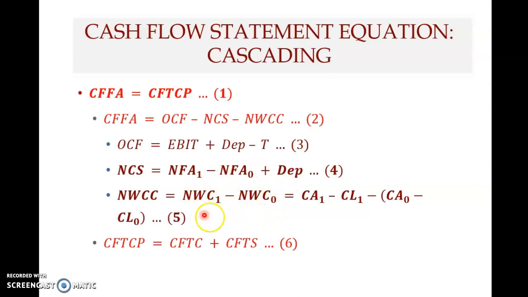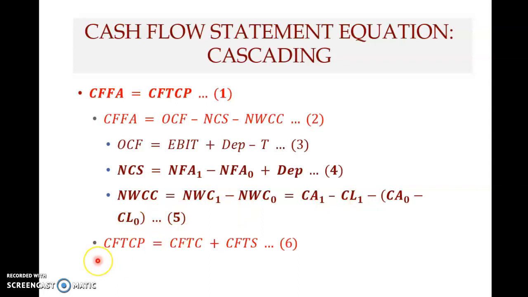So this is change in net working capital, or we can take current assets year 1 minus current liabilities year 1, minus current assets year 0 minus current liabilities year 0. So this is a difference in current assets minus the difference in current liabilities. So it's the same thing.